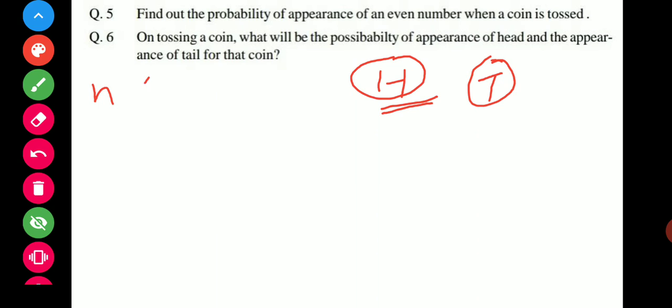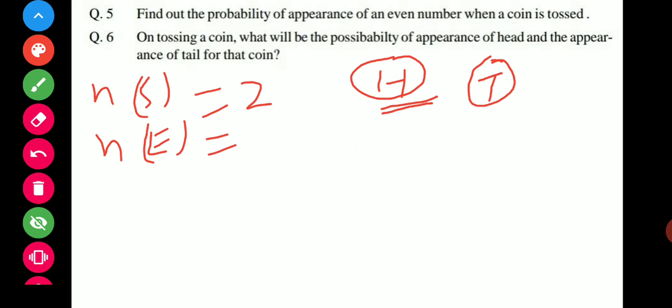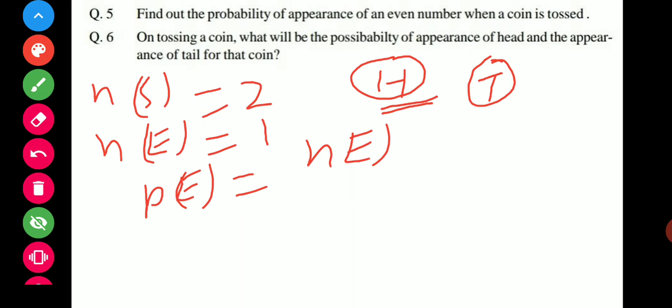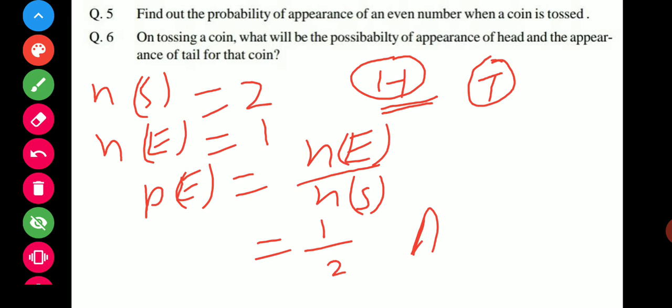So the number of total events is 2 only, head and tail, and the number of events which are happening, that is the head, is only 1. So we know probability PE is given by NE upon NS. NE is 1 and NS is 2, so that is your answer.